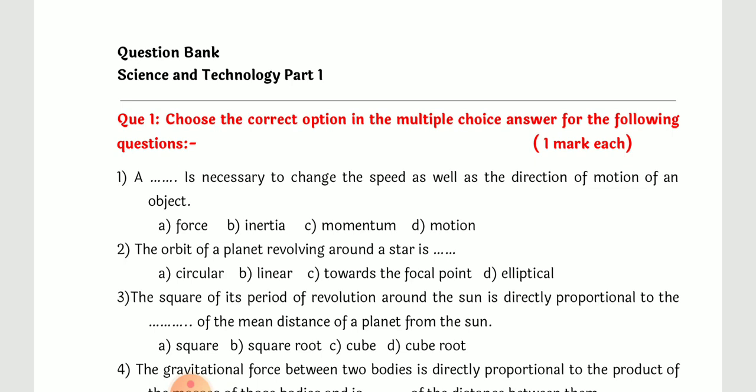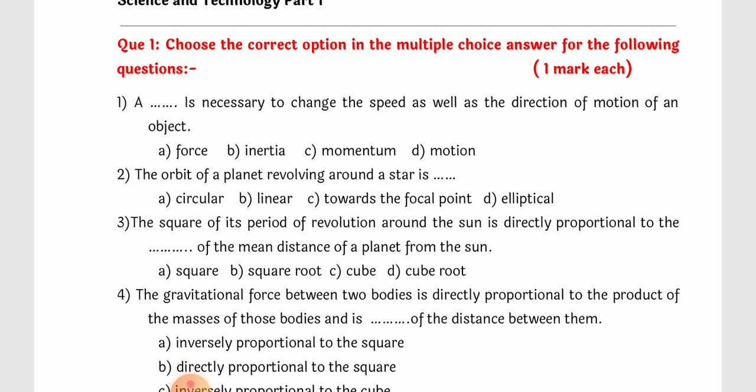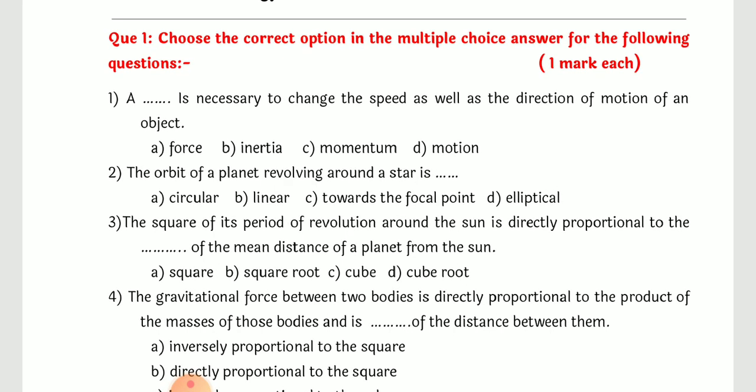So option is D. The square of its period of revolution around the sun is directly proportional to the dash of the mean distance of a planet from the sun. So what is that period of revolution?